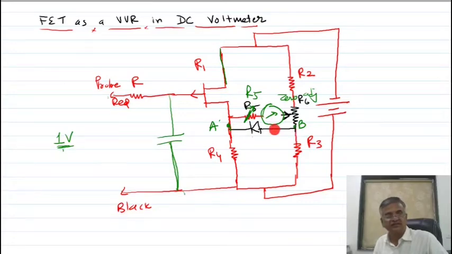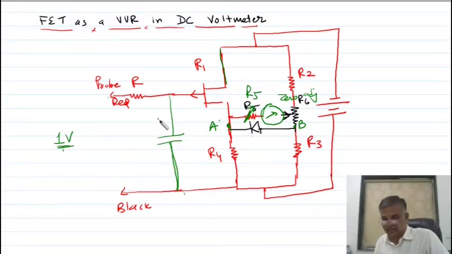This will conduct, becoming forward biased, so the excessive voltage will pass through it, and the meter will be safe.